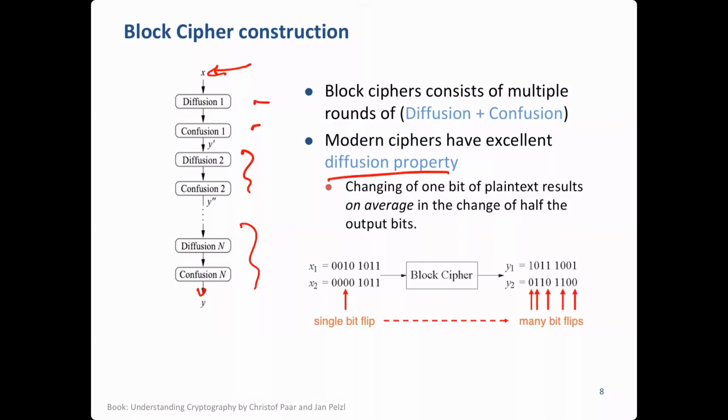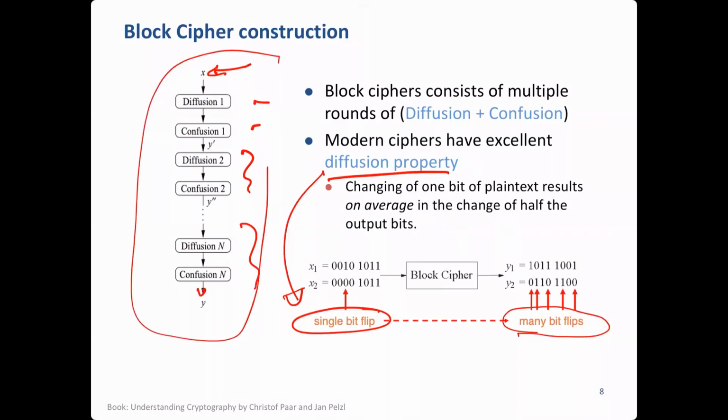This property says that a single bit flip will result in multiple bit flips in the output, and this is because of the diffusion property. We want to design the cipher in such a way that a single bit change may result in multiple bit changes in an unpredictable way. Of course, these are all deterministic, but an outsider like Eve will not be able to make out what changes are happening.